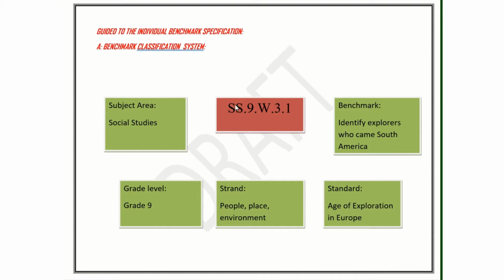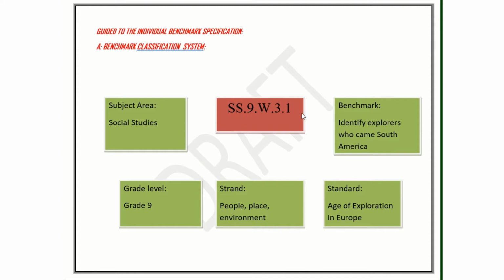You can see the numbers and letters here, SS.9.W.3.1. Each element of the standard has a particular meaning, taken from the course in short form and embedded as a particular code for that course.